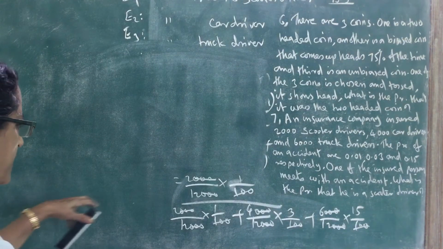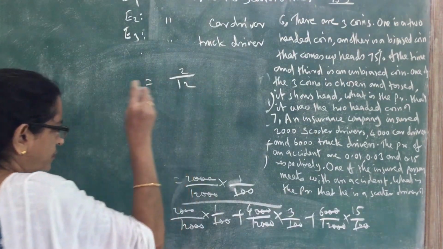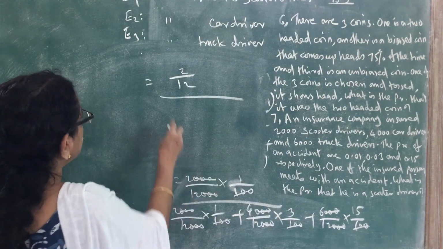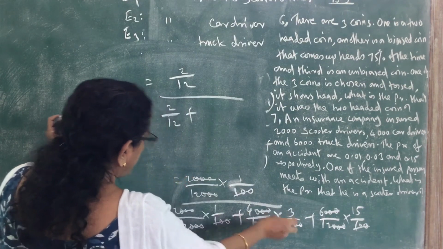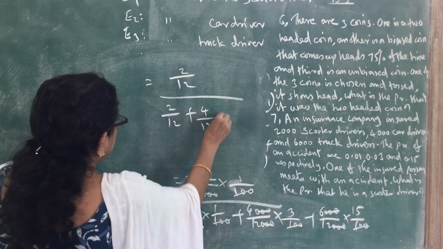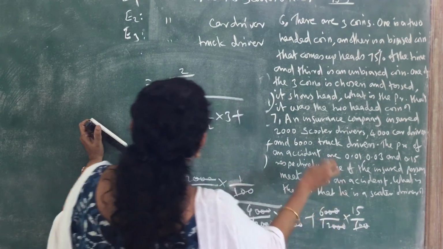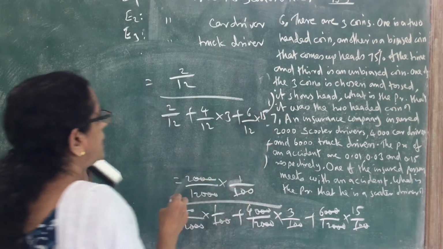So what is remaining here? Here 2 by 12. That is equal to 2 by 12 divided by 2 by 12 plus 4 by 12 into 3 plus 6 by 12 into 15.